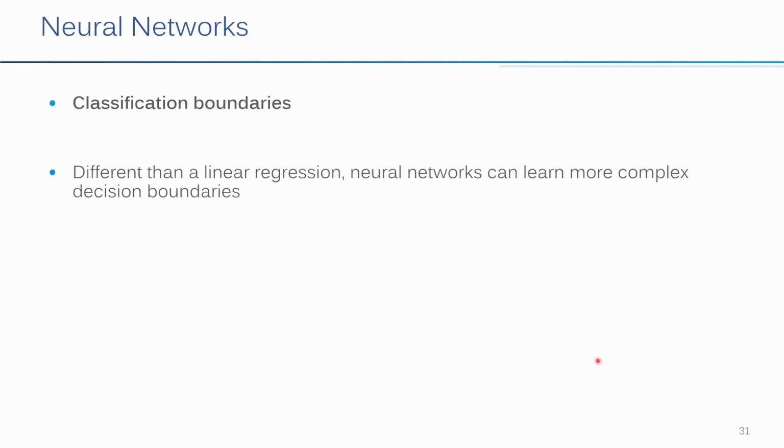So, about classification boundaries: different from a linear regression, a neural network can learn more complex decision boundaries. And this is one of the reasons why we use nonlinearities, or we use our logistic regression, to try to find those boundaries in our structure.